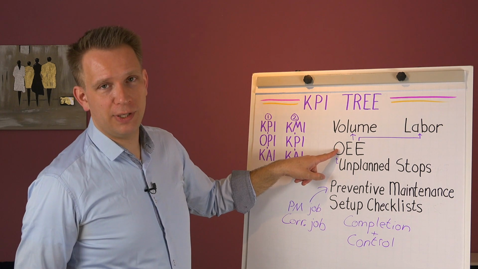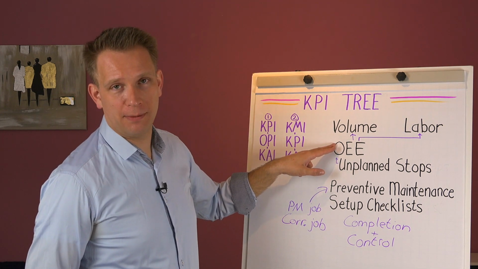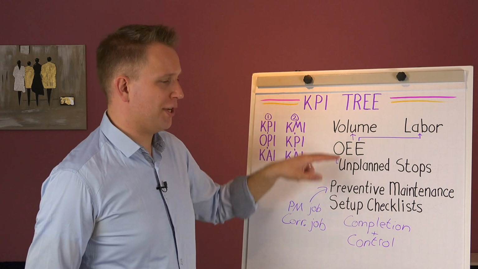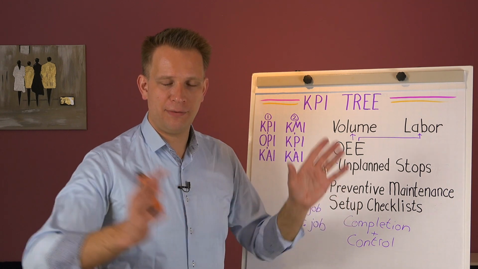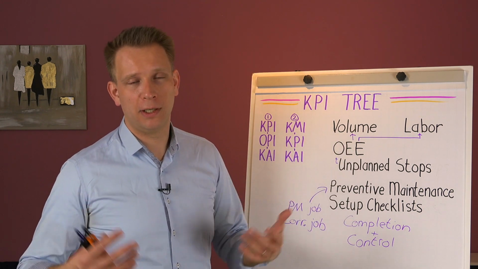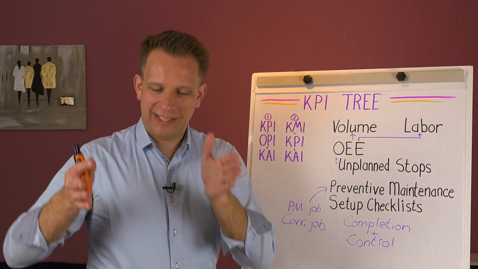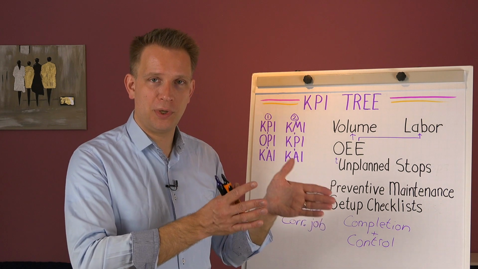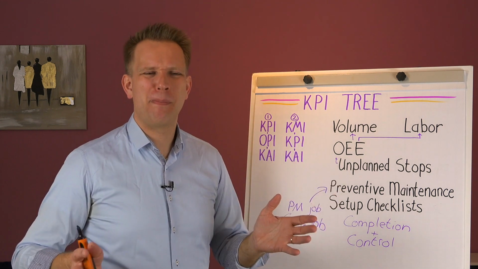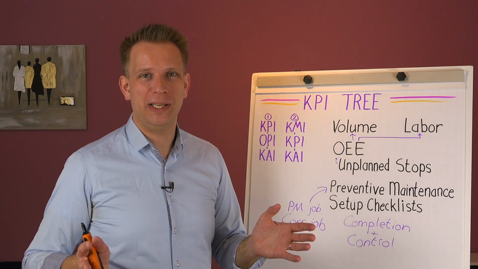OEE of the total factory is a nonsense KPI. OEE is measured on production lines. Now, if your factory has one line, you'll probably have a plant OEE, but a factory that definitely has separate production lines, they don't match or average or whatever that OEE is.